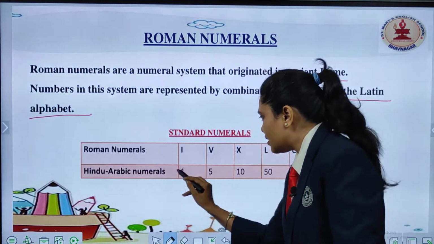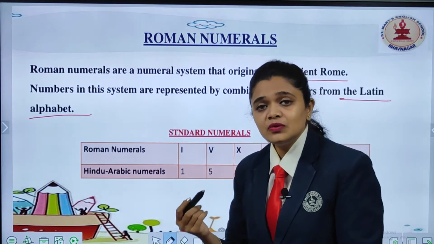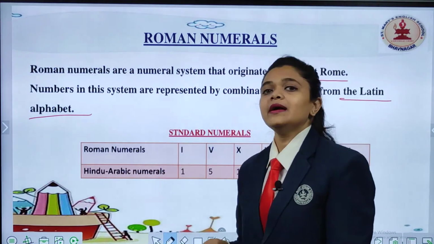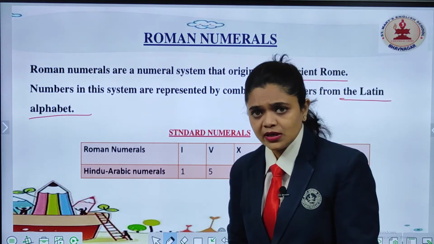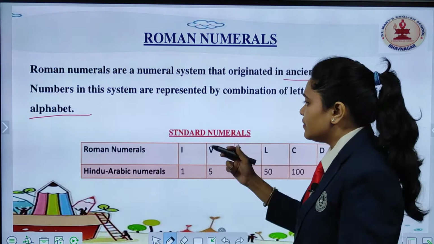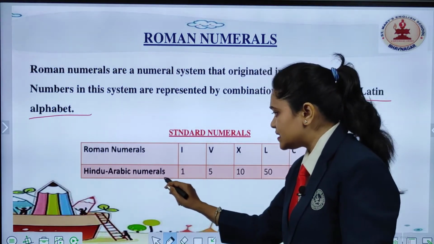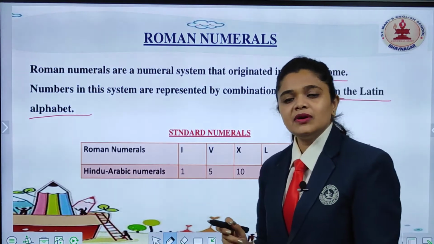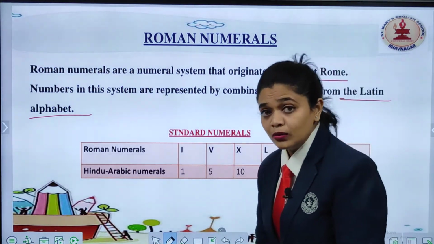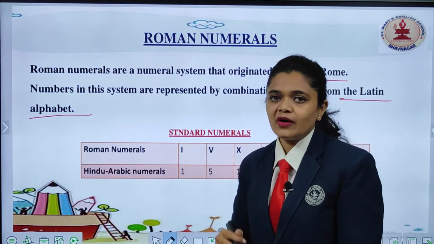Now our numbers 1, 5, 10 as we usually use them are called Hindu-Arabic numerals. Understood children? Which we have already learned. So, we will learn Roman numerals and we will also see what the numbers are in our Hindu-Arabic numerals. So, I in Roman numerals means 1. So, it will be easy for you to learn.